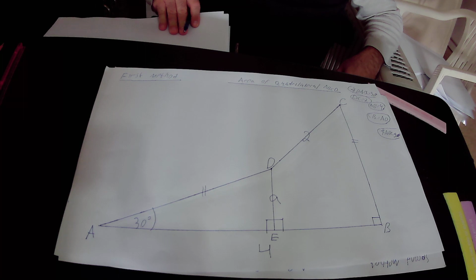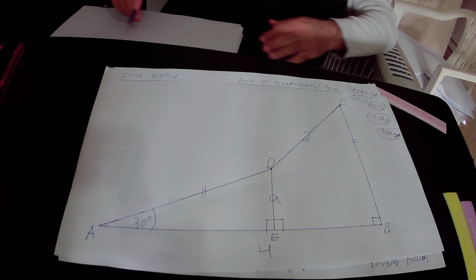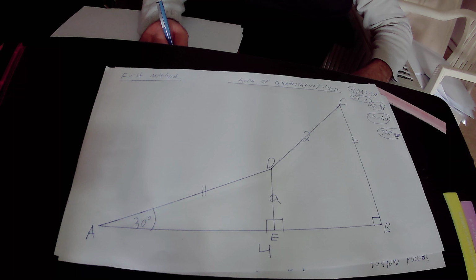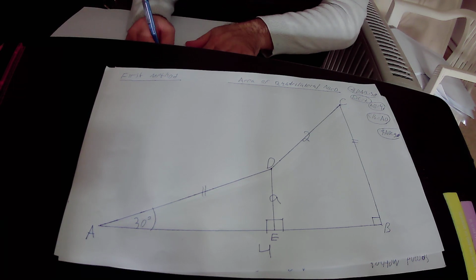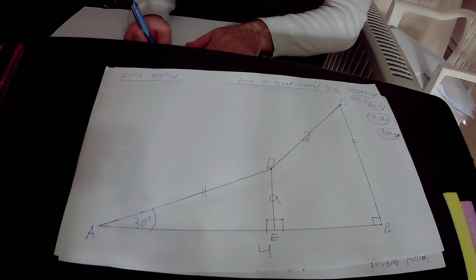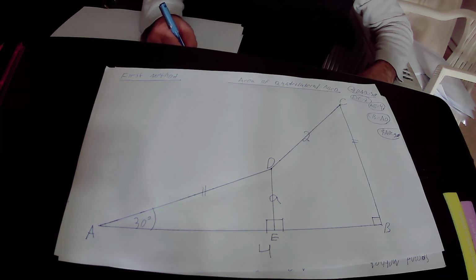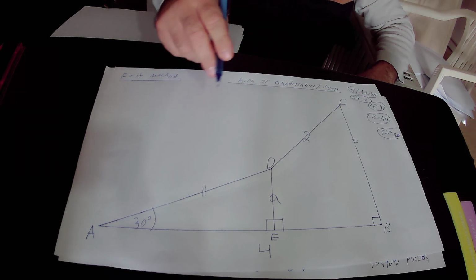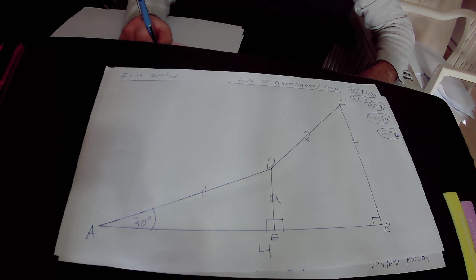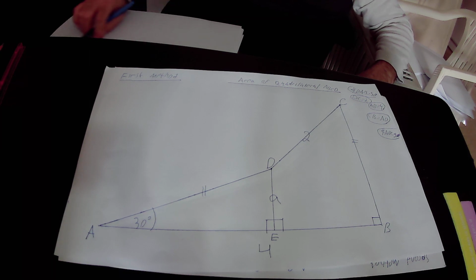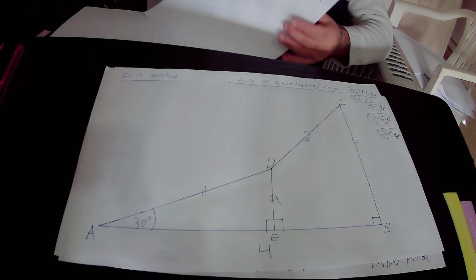In the right triangle, triangle ADE, sine 30 degrees equals DE over AD. I repeat again.